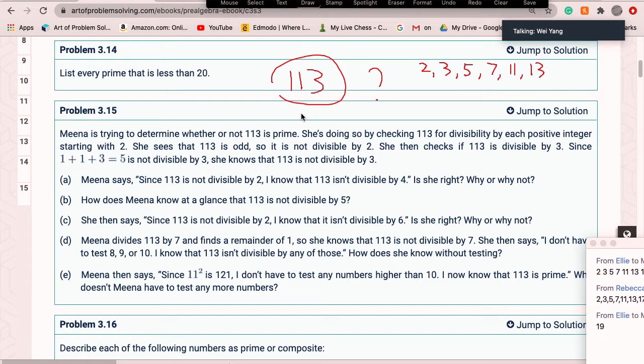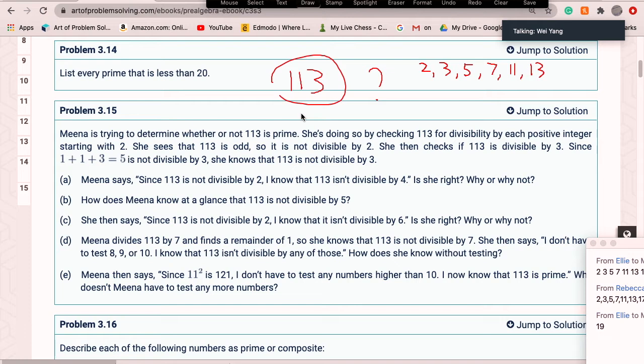So we are finding if 113 is odd. It's definitely not divisible by 2 because it's not even, and then we could add up the digits for 3, and it's not 3 either. Right. 4 is definitely not. 5 is definitely not.